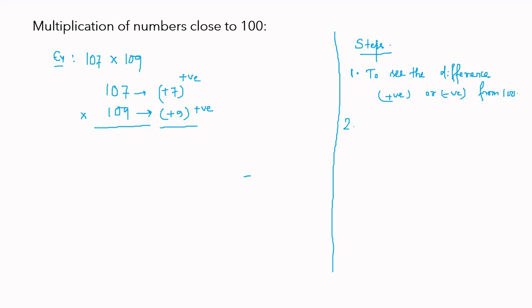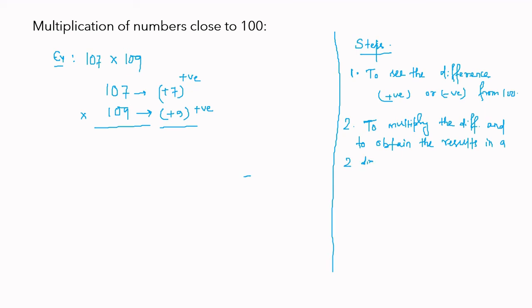The second step will be to multiply the differences and to obtain the results in a 2-digit blank, as we have been doing since.